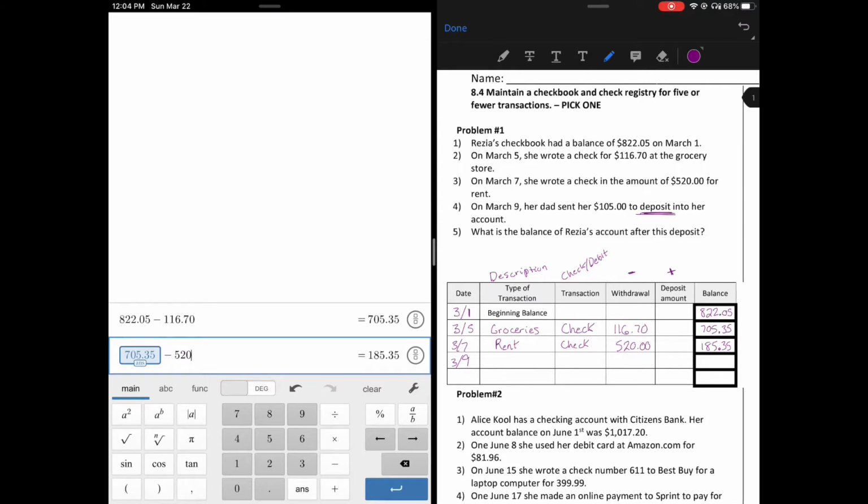So instead of putting it in the withdrawal column, we'll put it in the deposit column. And it was money from her dad. And now, instead of subtracting from our balance, we're going to add to it. And we get $290.35. And then part 5 of this question asks what the balance of the account is after the deposit. It would be the $290.35.